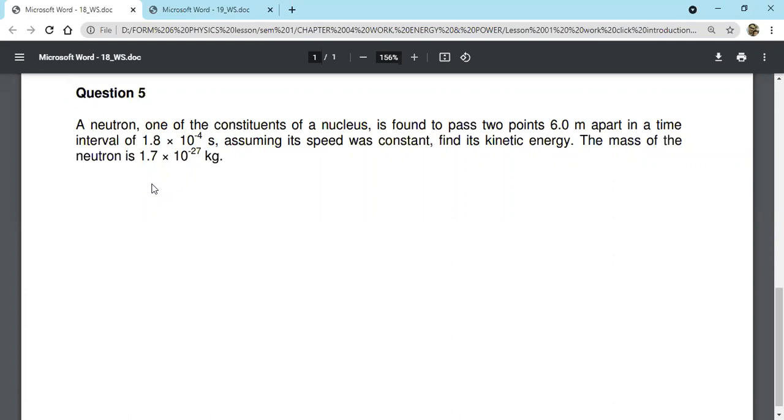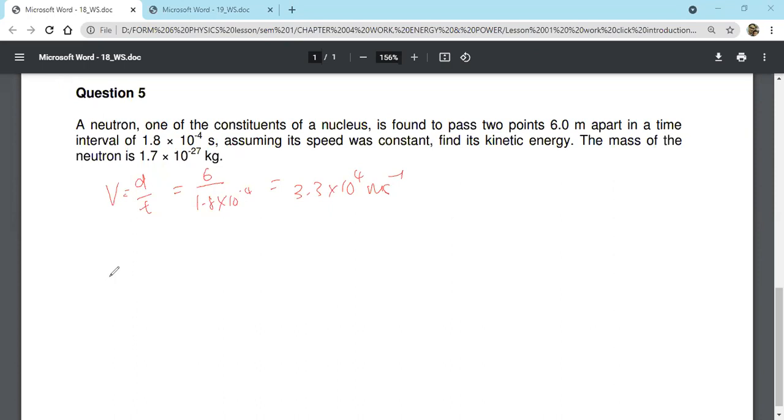So from here, we use the concept v is equal to d over t. The distance is 6 meters over 1.8 times 10⁻⁴. So we get 3.3 times 10⁻⁴ ms negative 1.